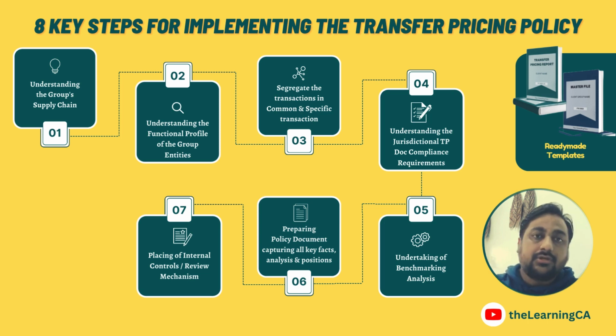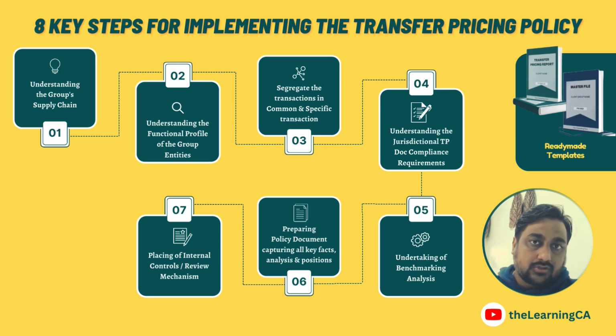As a consultant, you should also advise a review mechanism or a review process. You should always give that, how you can review the entire positions by putting certain procedures in place. So a review mechanism can also be advised to a client.